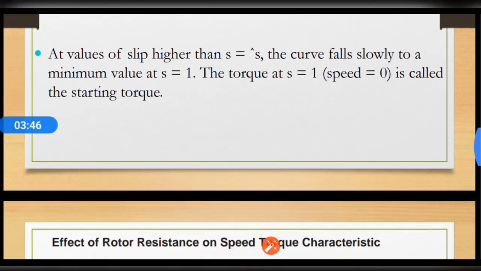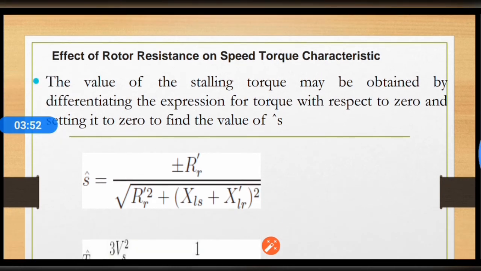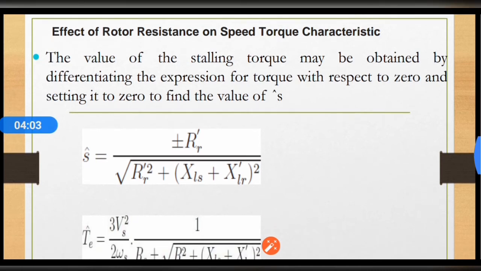Now moving forward, let us see how the torque slip characteristic is affected by the rotor resistance. The value of stalling torque may be obtained by differentiating the expression of electromagnetic torque with respect to slip and setting it to 0.